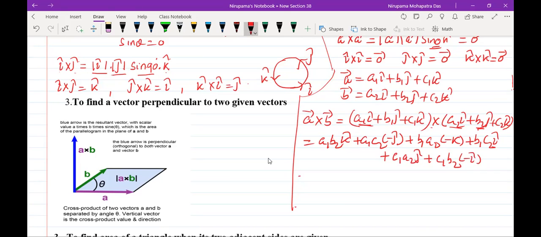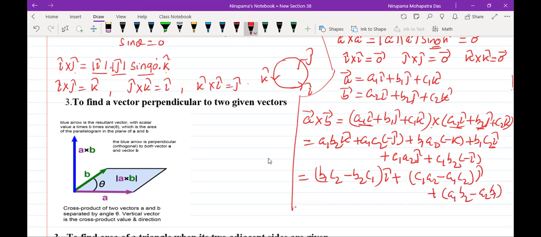So when you write like this, we have B1 C2 minus B2 C1 into I cap, plus J cap will be C1 A2 minus A1 C2 J, plus A1 B2 minus A2 B1 K.